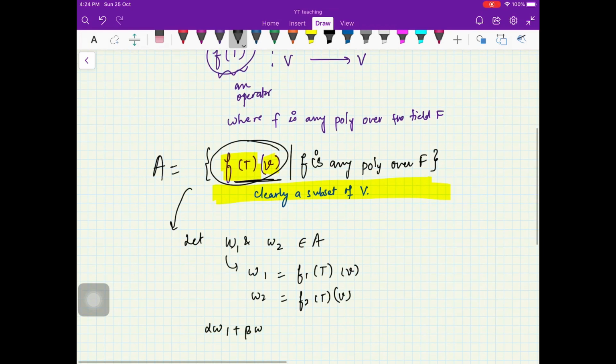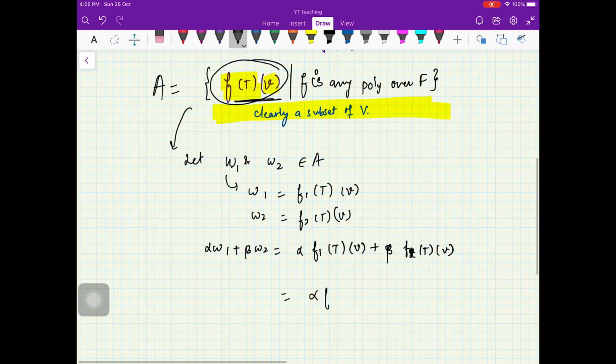Then alpha w1 plus beta w2 is alpha f1(T) v plus beta f2(T) v, which is (alpha f1 plus beta f2)(T) operating on v.